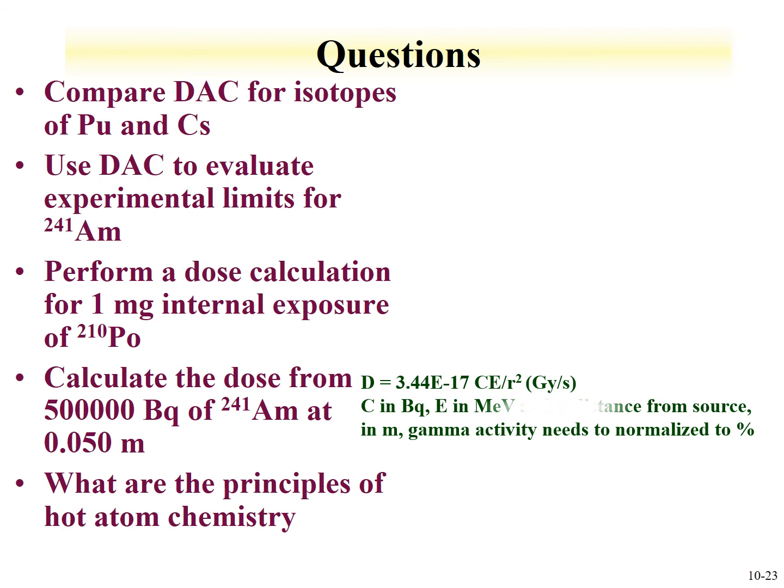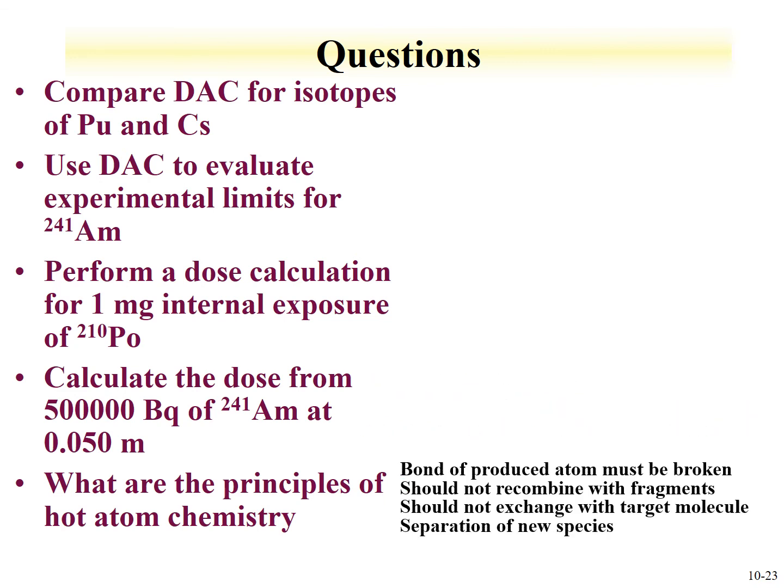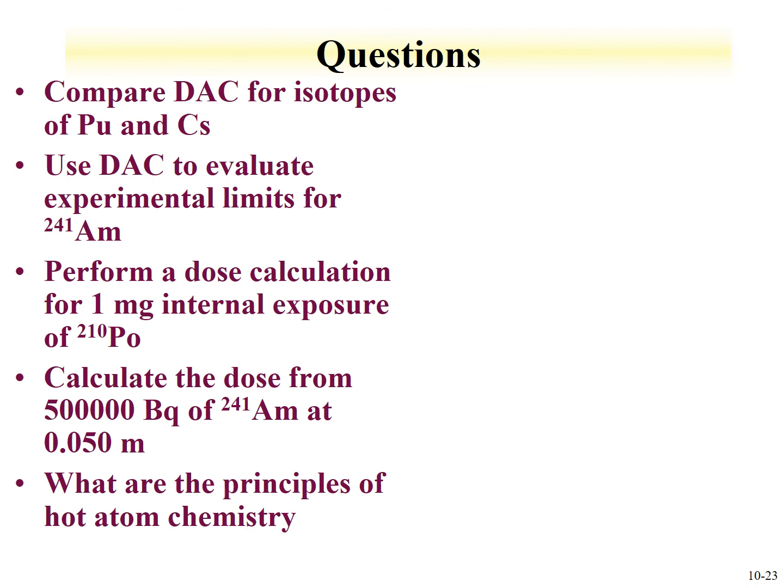And finally, when we discussed hot atom chemistry, what are some of the principles of hot atom chemistry? When one uses a nuclear reaction for bond breaking to try to do separations for carrier-free isotopes. Well, one, when the nuclear reaction occurs on the molecule, that atom that absorbed the nuclear component that has a reaction product, for instance N-gamma, that new isotope that's produced should have its bond broken with the molecule that it was bound with.